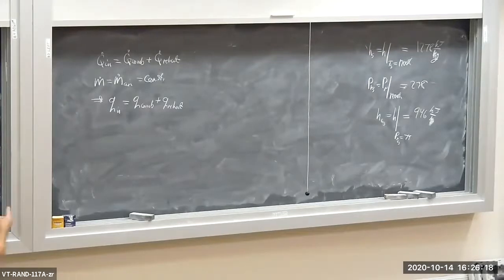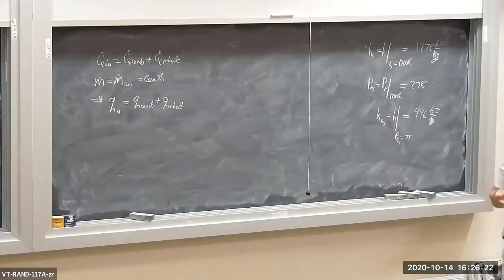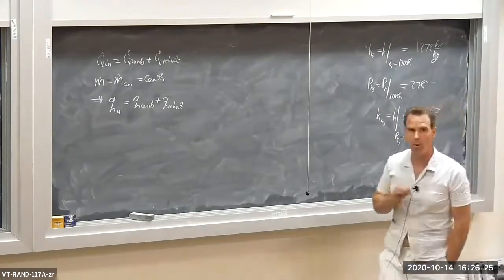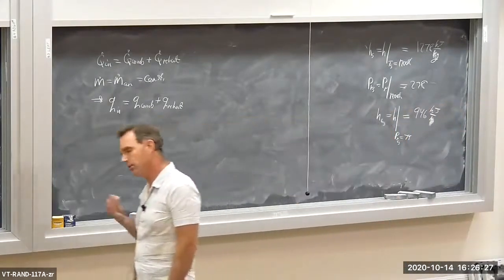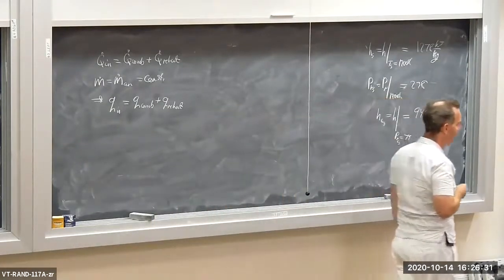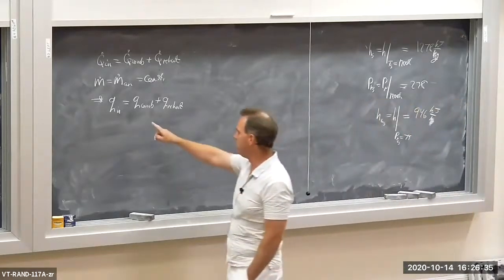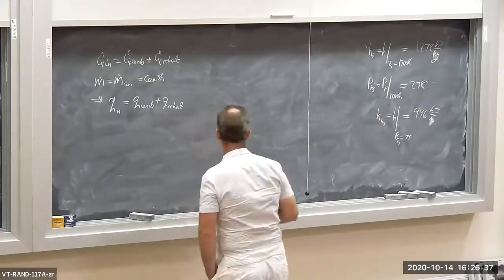Now, of course, we're assuming the mass flow rates are the same through all devices. We're assuming m dot for the fuel is small compared to m dot for the air, fine. And if you divide through by m dot, you get Q in is equal to Q combustor plus Q reheat. So we need to find these heat additions separately.